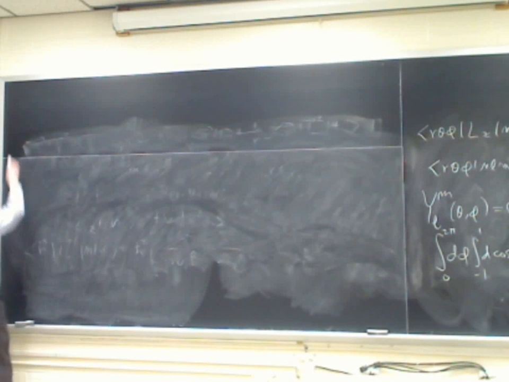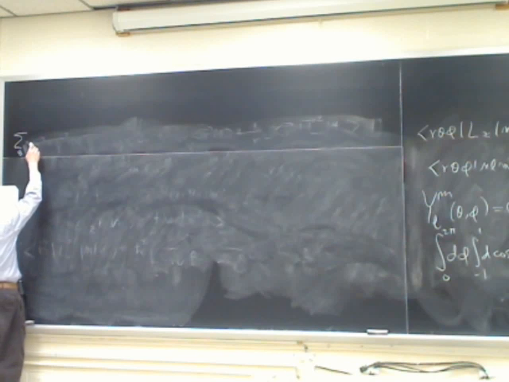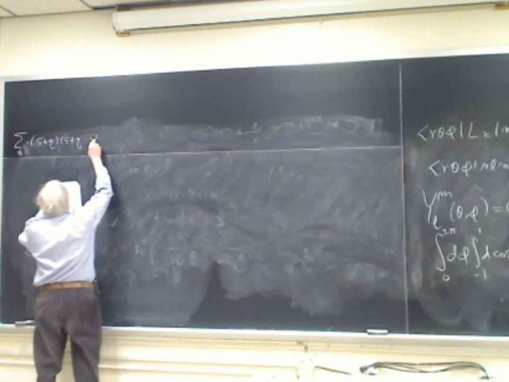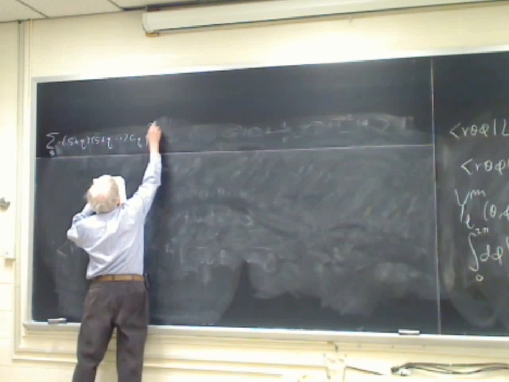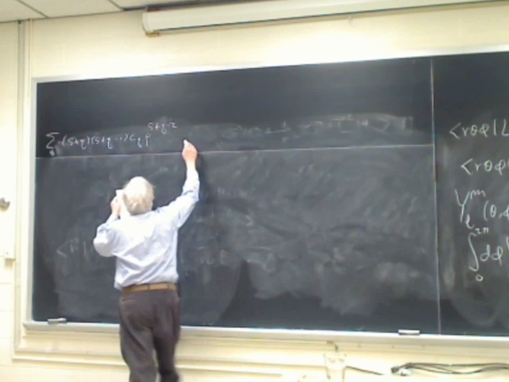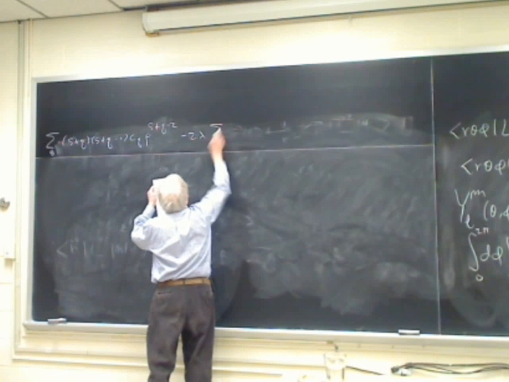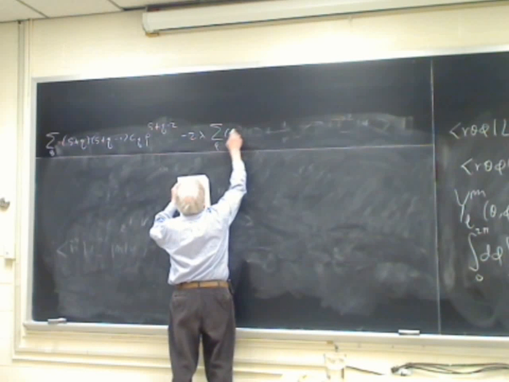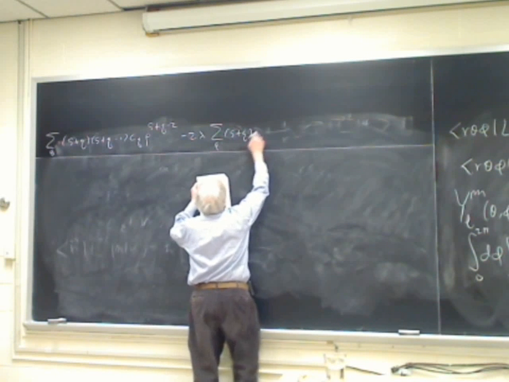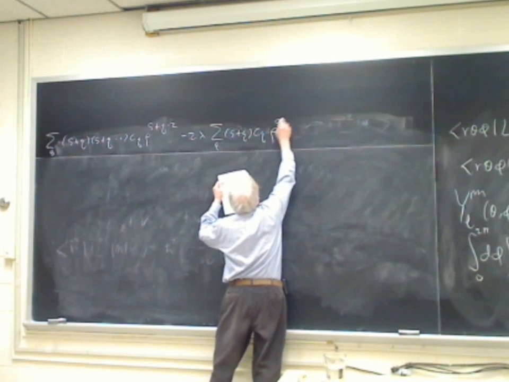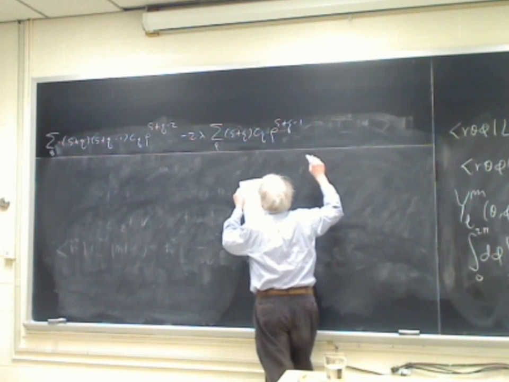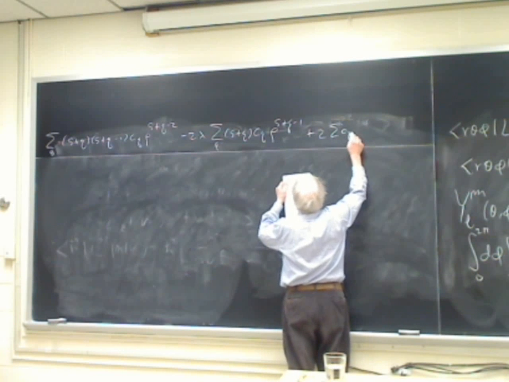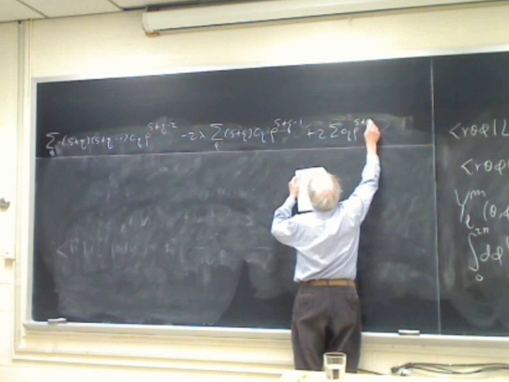And what that gives us then is the sum over q of (s plus q)(s plus q minus 1) c_q rho to the s plus q minus 2, minus 2 lambda sum over q of (s plus q) c_q rho to the s plus q minus 1, plus 2 sum c_q rho to the s plus q minus 1.